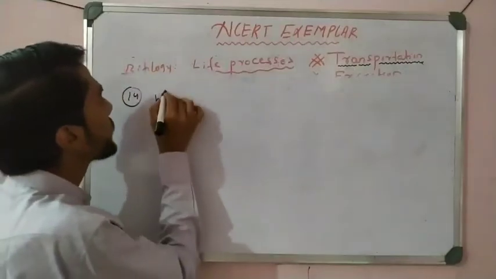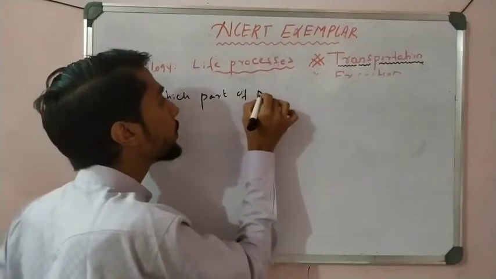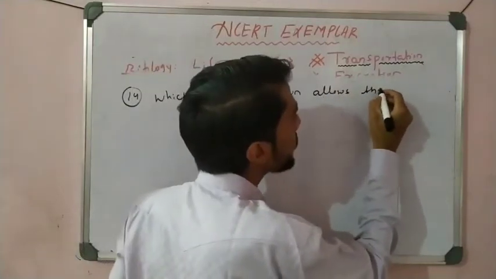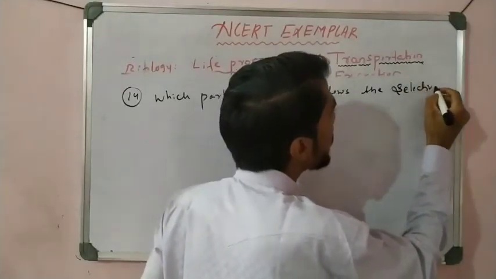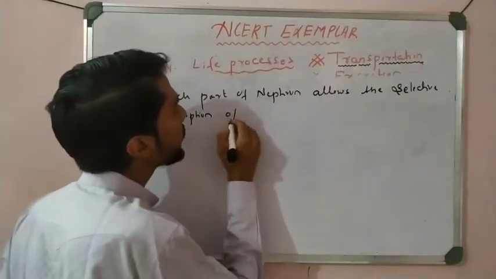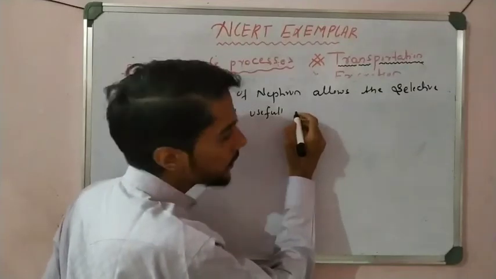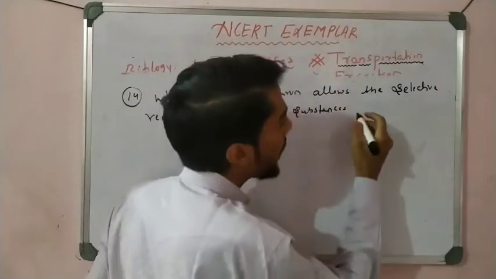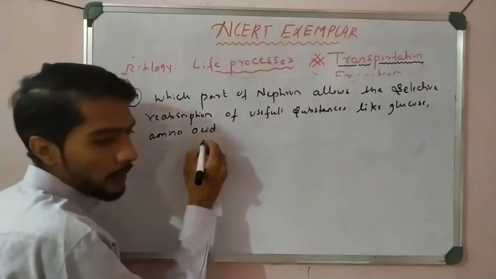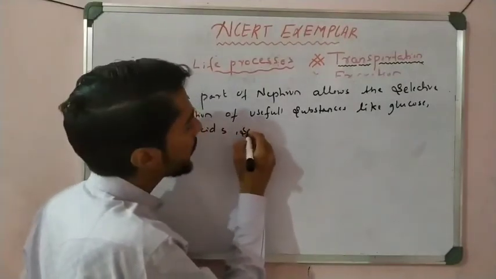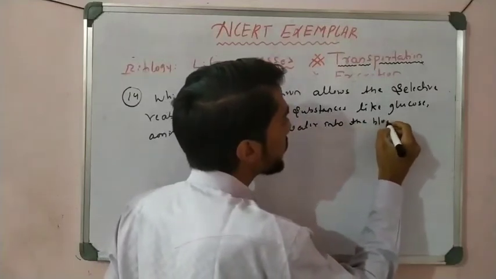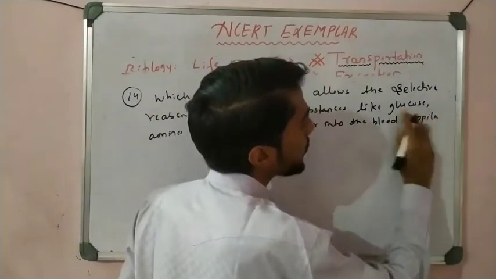Which part of the nephron allows the selective reabsorption of useful substances like glucose, amino acids, salt and water into the blood capillaries?